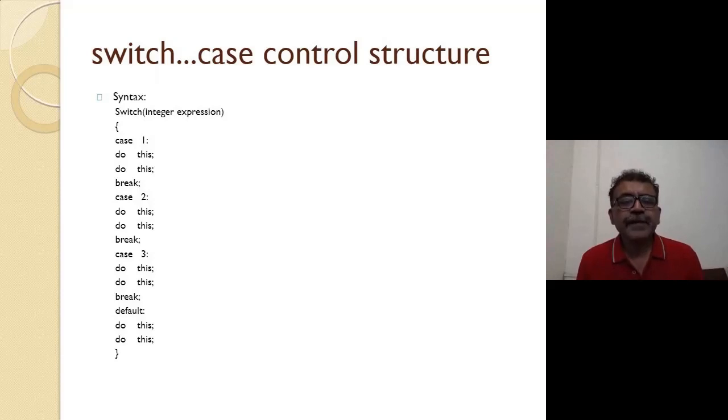Then a pair of curly braces opening and closing, and there will be a number of cases, and each case will have its own syntax. This is how the switch case control can be written.